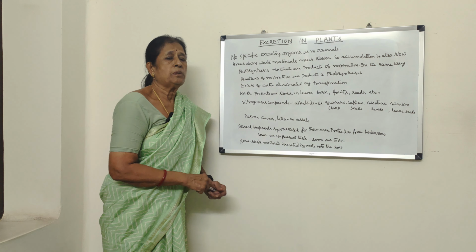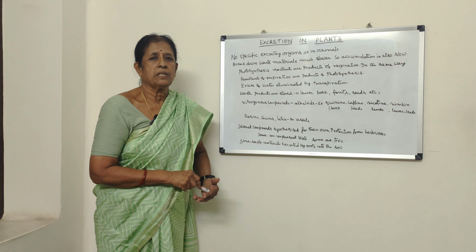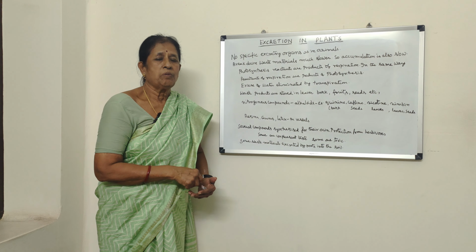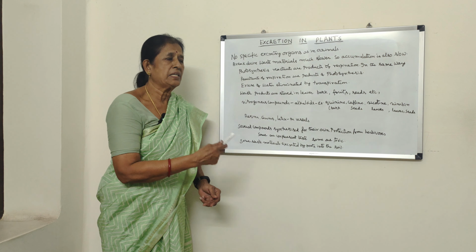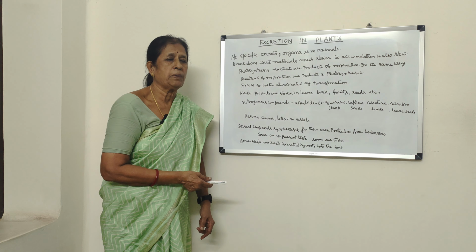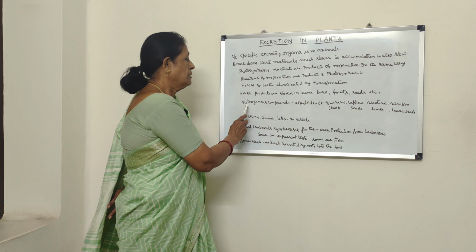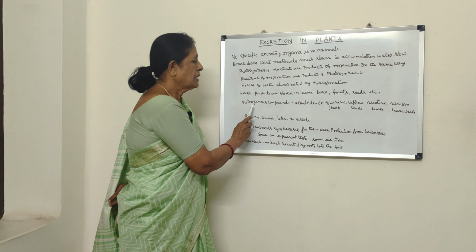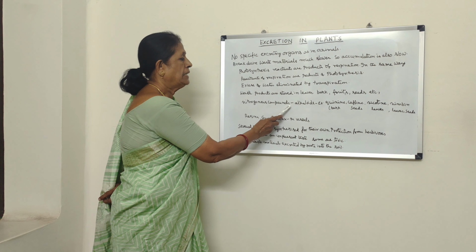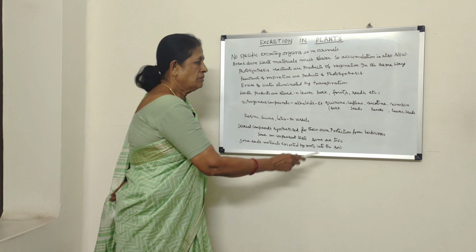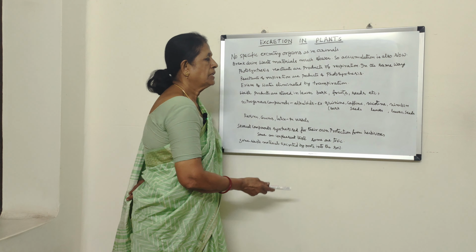But man has found that the waste materials found in plants are useful for him, and that is why he has been utilizing the waste products of plants. For example, the nitrogenous compounds which are not useful for plants are called alkaloids. Here I am giving you a few examples.